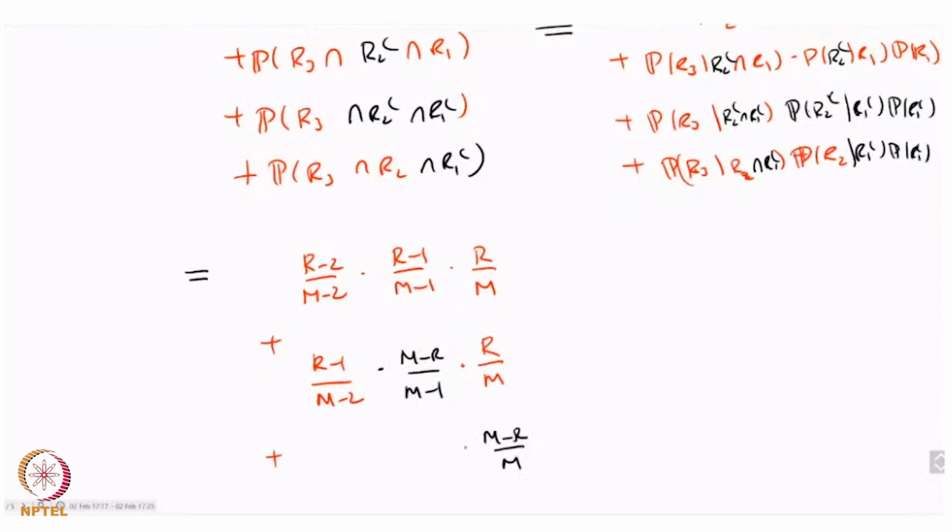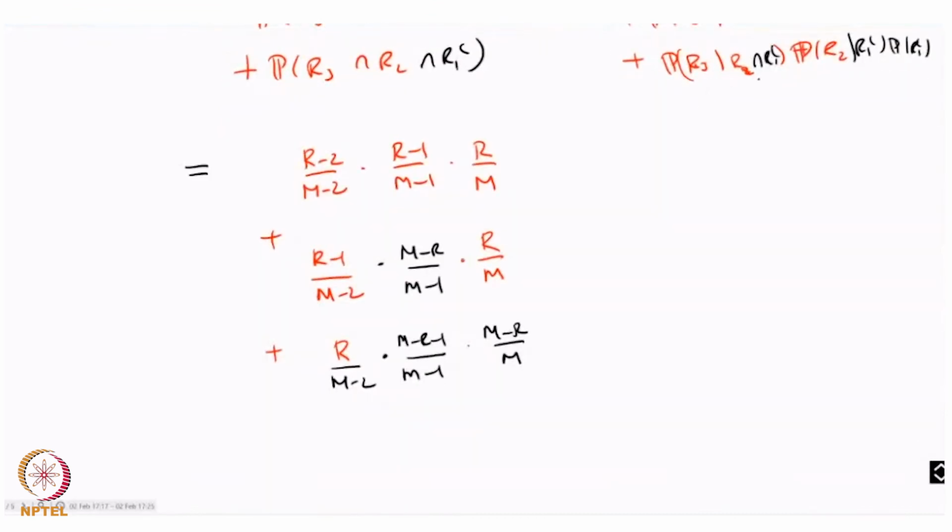It's no red. Second one, again, I don't pick a red, and I know I don't pick a red in the first draw as well. So I have m minus r minus 1 to choose from, and I have m minus 1. On the last one, I have to pick a red because the third ball is red. So I have all of them left, and I divide by m minus 2. And what's the last one? The last is R3, and this is the whole thing.